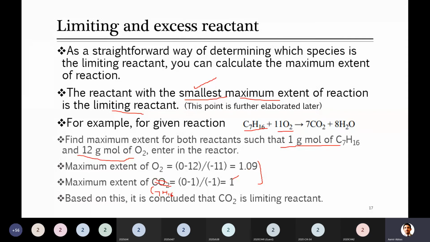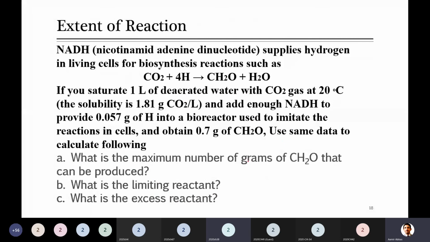It's clear up to here. Can you now calculate the maximum extent? Yes, sir. Yes. Okay.